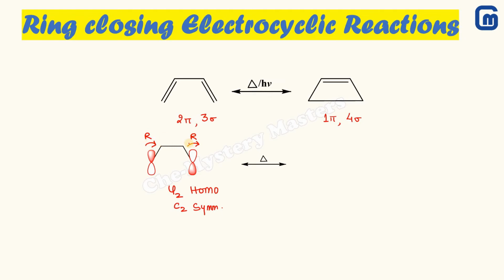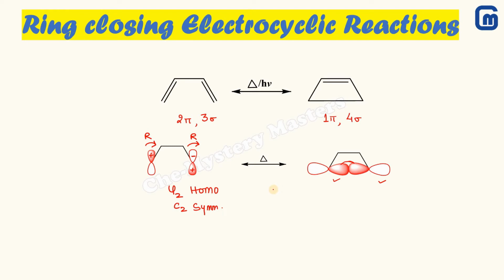So here both of the orbitals will move in the same direction, so the positive lobe will go inwards like this and this negative lobe will go outside, while the positive lobe will come inside, so that bonding interaction happens between the two lobes or the two orbitals shown here.